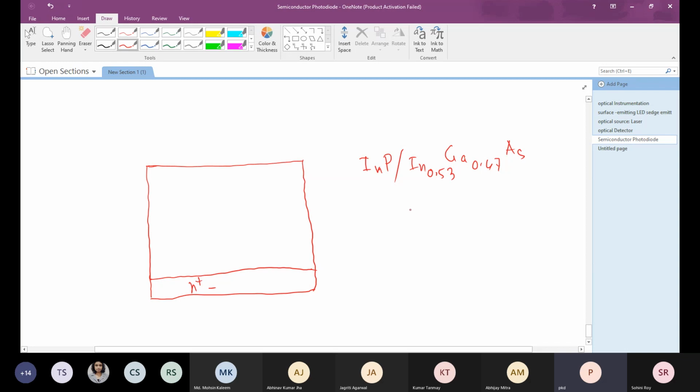But good response would be maybe 0.9 micrometer, that is 900 nanometer, to maybe 1.66 micrometer. So in this zone it will have good response.